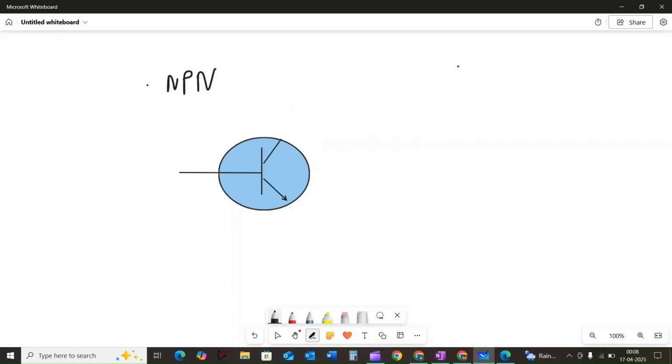For the PNP transistor, the baseline is in the same position, but this time the emitter arrow points towards the base junction. This is the emitter terminal and this is the collector terminal.